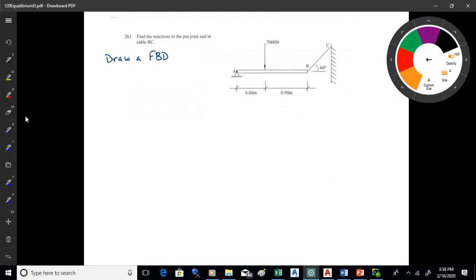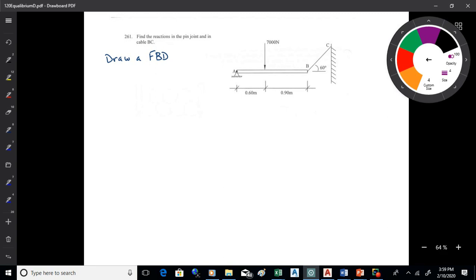Okay, free body diagram. You've got the force on there.